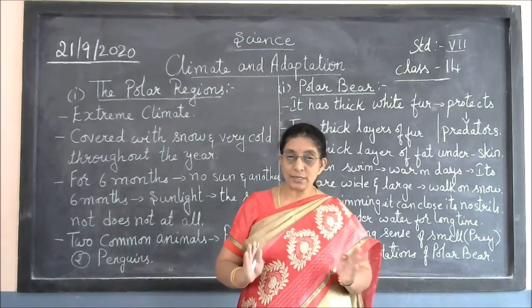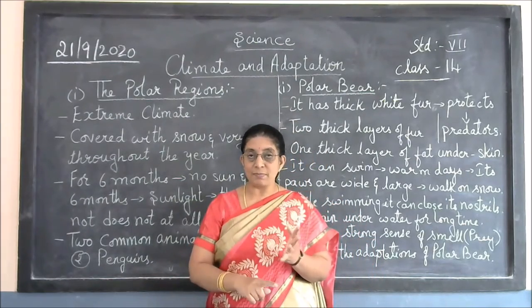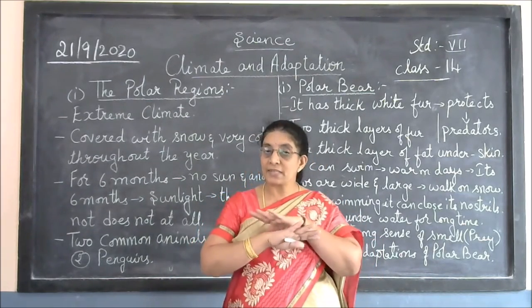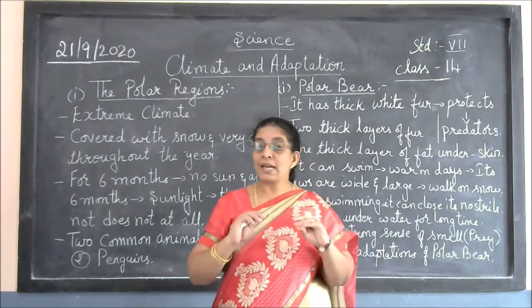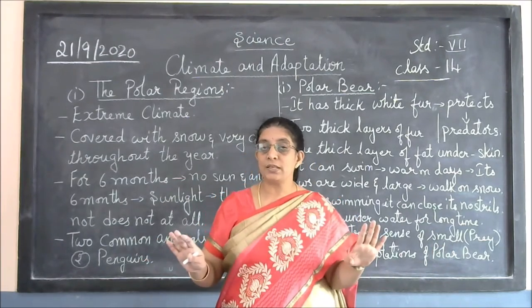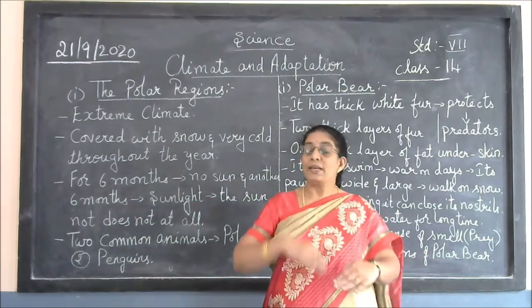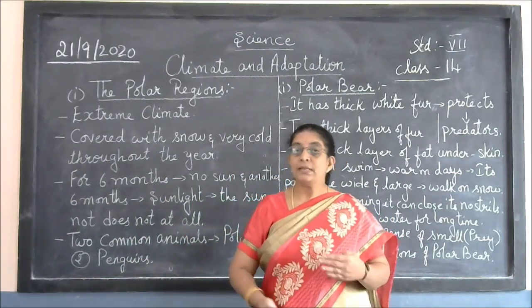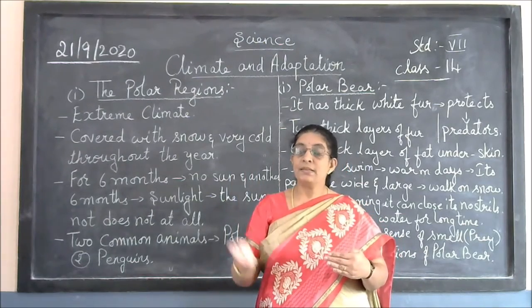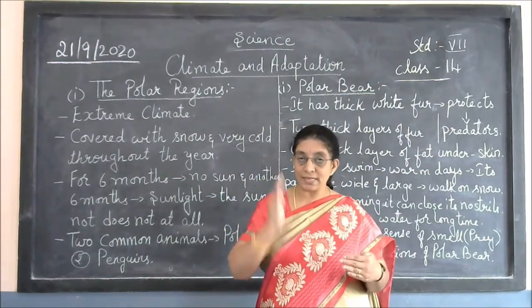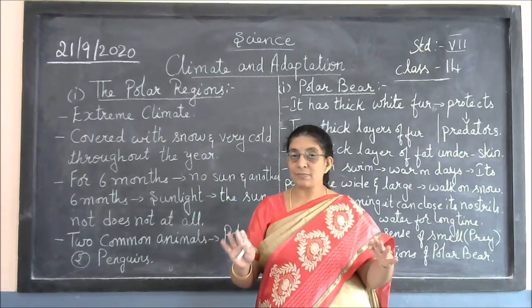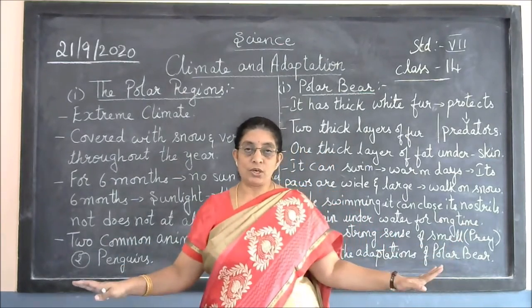In the polar region, for 6 months, they do not have sunlight at all. The sun never rises during those 6 months. And for another 6 months, there is sunrise, but once the sun rises, it will not set at all for those 6 months.